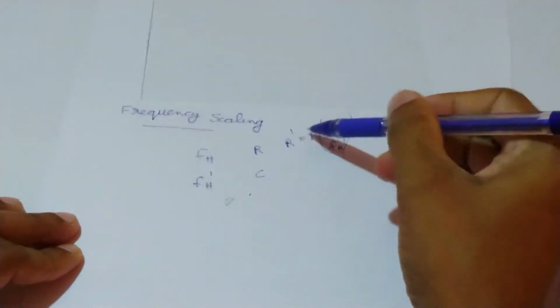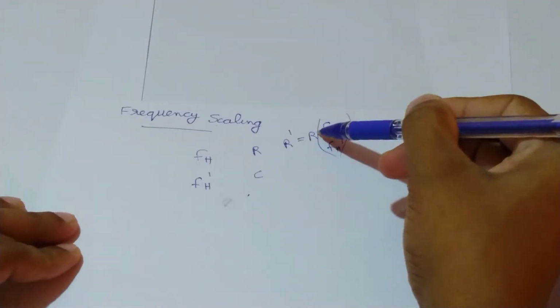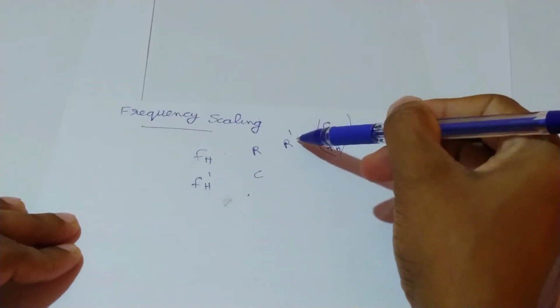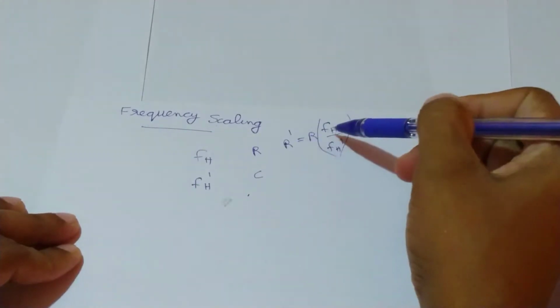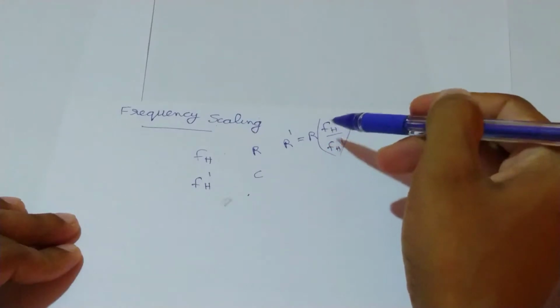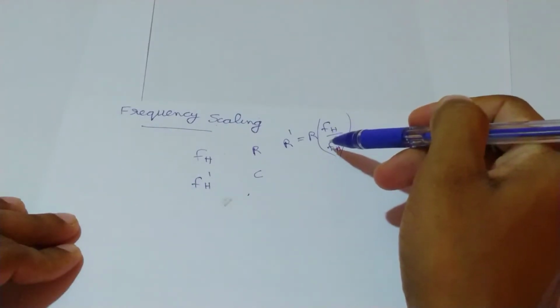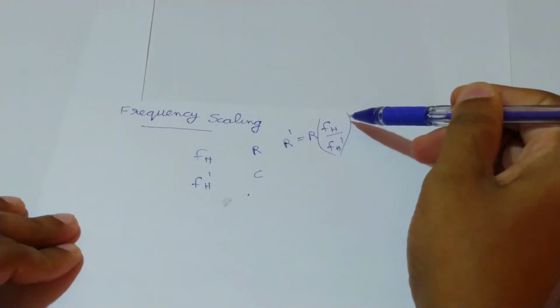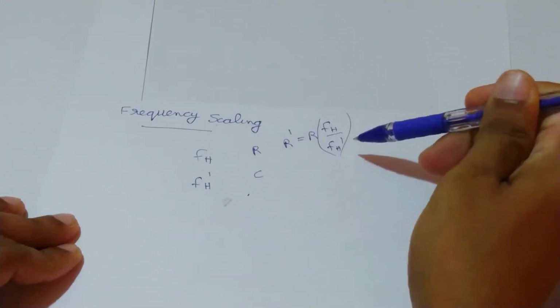That means if we are changing the old resistance value to a new resistance value, then that new resistance value is equal to the old resistance value multiplied by the ratio of original cutoff frequency to the new cutoff frequency.